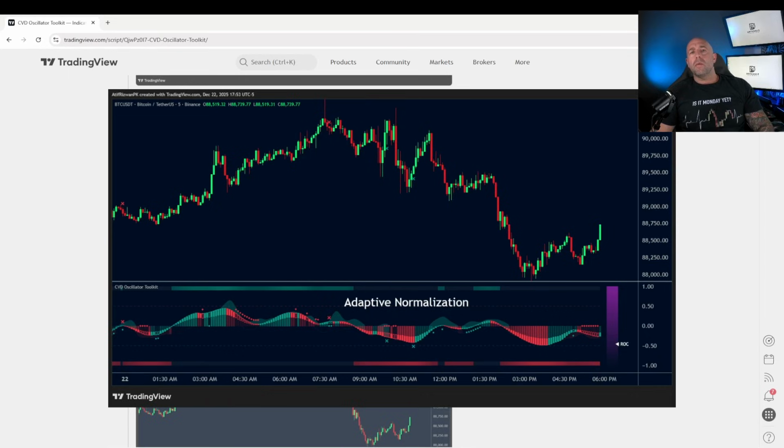So let's talk about what the normalized CVD oscillator is and what normalization is. Normalization is the process of rescaling data so that it can be interpreted consistently over time. In this indicator, normalization transforms accumulated volume delta into a stable oscillator that remains readable across different sessions, symbols, and market conditions.